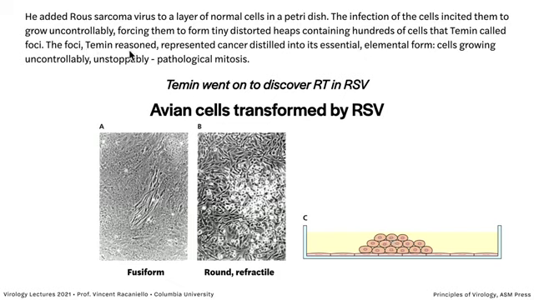The foci, Temin reasoned, represented cancer distilled into its essential elemental form, cells growing uncontrollably, pathological mitosis. Yeah, I mean, he got it. He understood this was a precursor to cancer. And he's using Rous sarcoma virus, which we know at this point is an RNA virus. And so Temin reasons this RNA virus is transforming the cells.